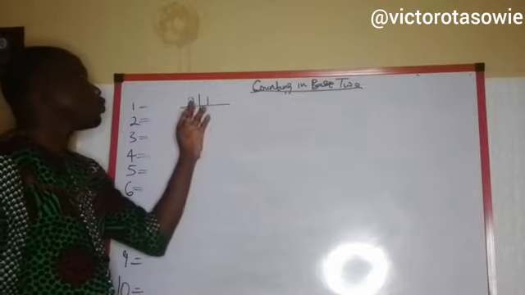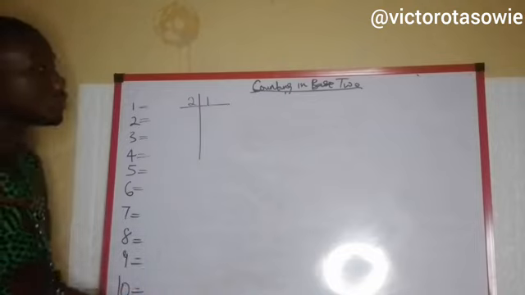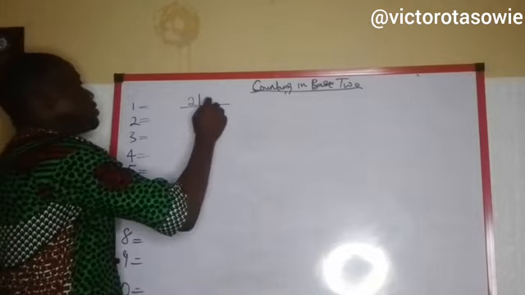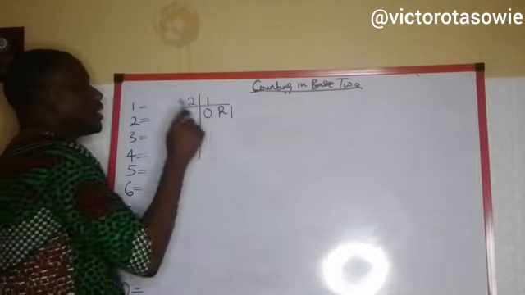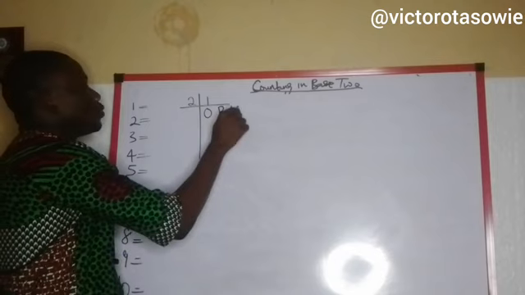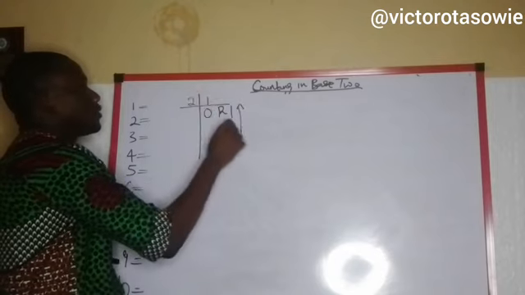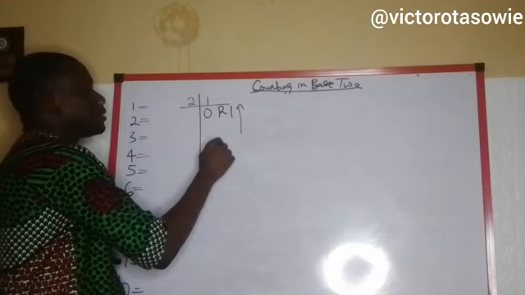So now, can 2 go into 1? No, 2 cannot go into 1. So it is 0, remainder 1. And the next thing is, whenever you are counting in base 2, it goes up like this. So you are going to count it as 1 base 2.